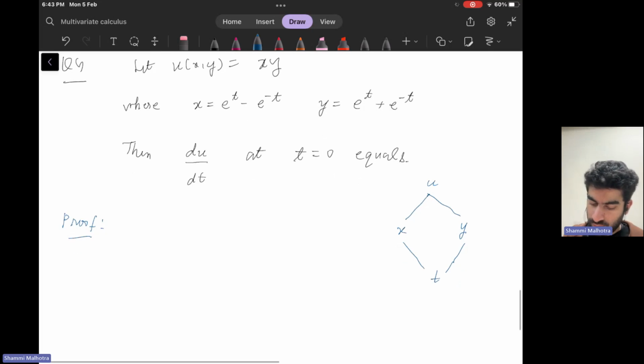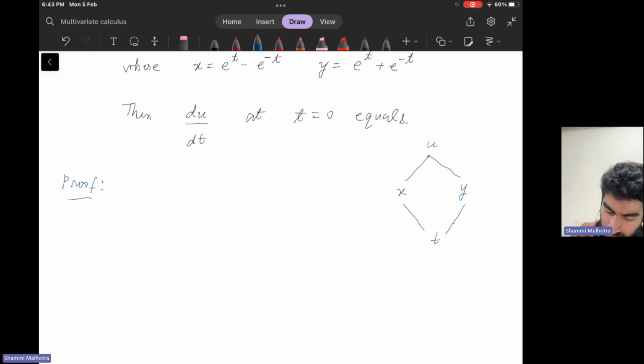To apply the chain rule, du by dt would be, this branch will give me del u by del x, and this branch will give me del u by del y, and these are single variable, so this will give me dx by dt, this will give me dy by dt. Okay, so we would like to apply the chain rule here.